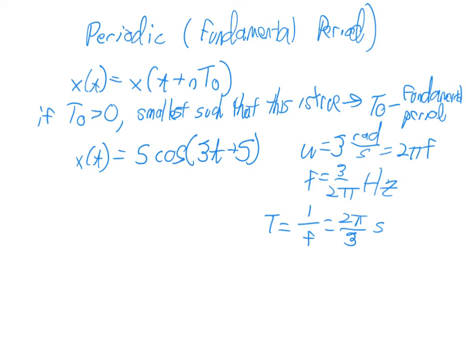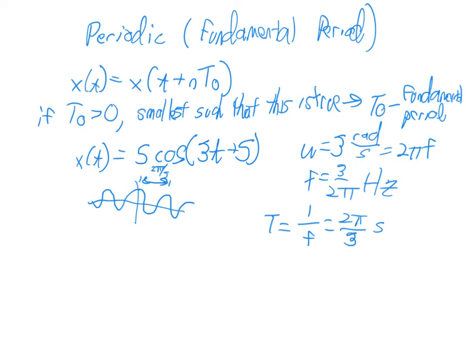That would be the duration to repeat the signal. So that's the smallest number that this cosine is going to repeat in. So here, in this particular case, it is 2 pi over 3 seconds.